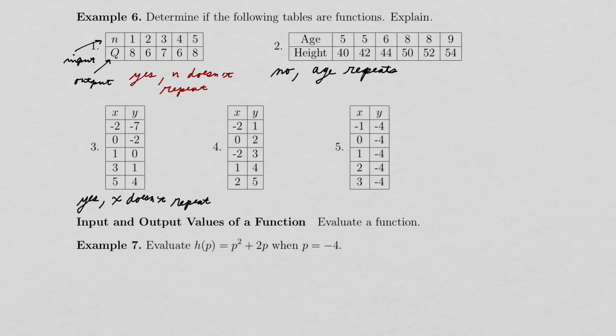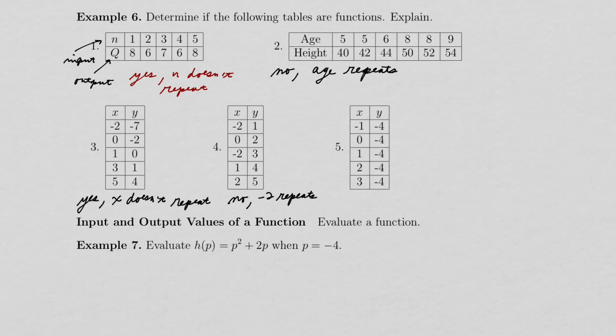Okay, this example, no, this is not a function, right? Because -2 is associated with 1, -2 is associated with 3, right? So this particular input, -2, is associated with two outputs. Just like in this case, this 5 was associated with two outputs, this 8 was associated with two outputs. So this is not a function. So I'll say no, and it's basically because the -2 repeats.